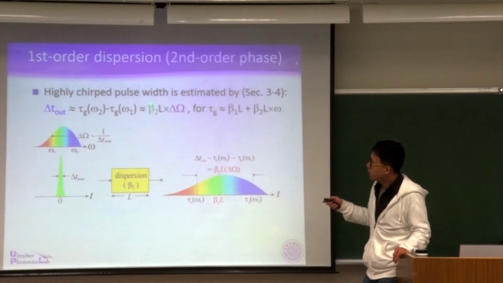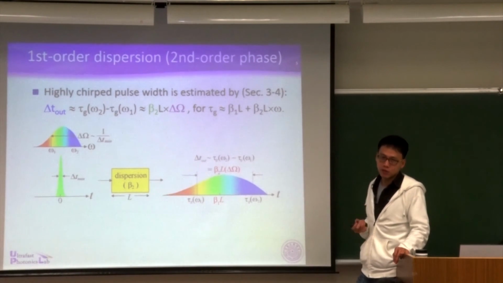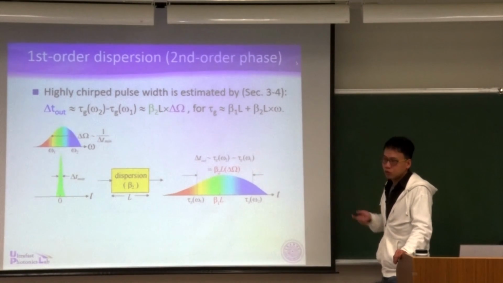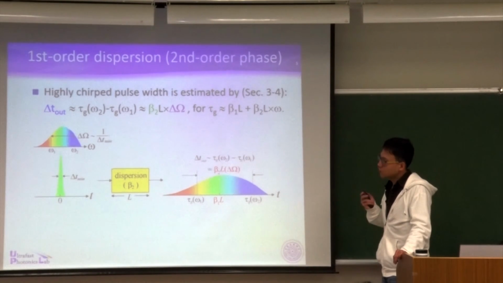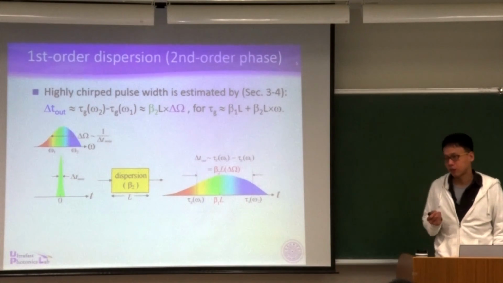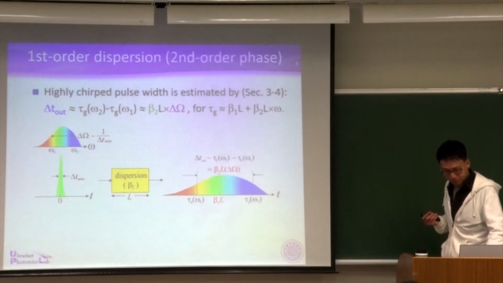And you get beta 2 times L, the slope, times the frequency difference, which is the bandwidth as we just defined, delta big omega. So this is the formula: beta 2, the GVD parameter, times medium thickness L times the bandwidth of your signal. Then you can estimate the output pulse width.